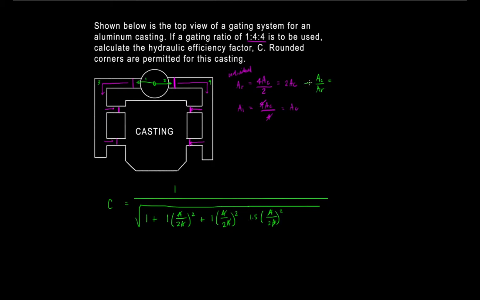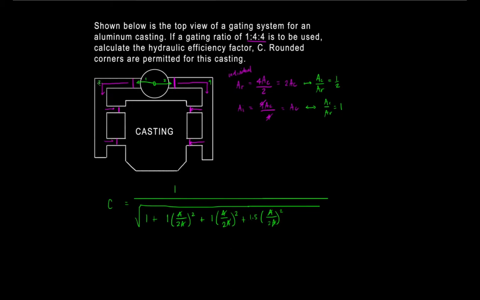The AC over AR ratio for this particular case is equal to 1 over 2, and for this one, AC over AR is just equal to 1, so that we will not have to write A all the time. Okay, so that's a right angle bend.